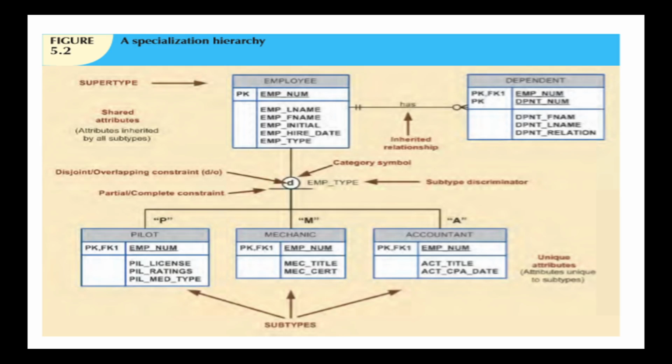Coming to the mechanic subtype, it contains unique characteristics like mechanic title and mechanic certification. It's very important for mechanics. And coming to the accountant: employee number, accountant title, and accountant CPA date.